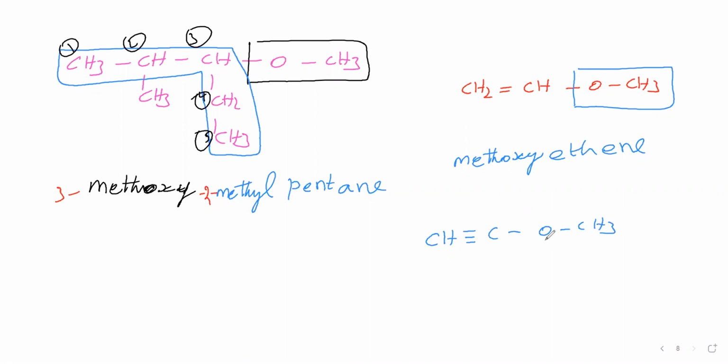Is it possible to say the name of this? This CH3 takes this O. Therefore, we can call this methoxy. This contains 2 carbons, therefore eth. Triple bond is there, therefore yne. So methoxyethyne. Methoxyethyne is the name of this compound.